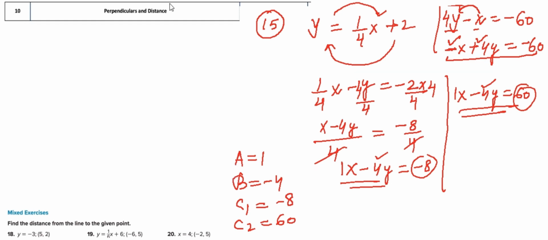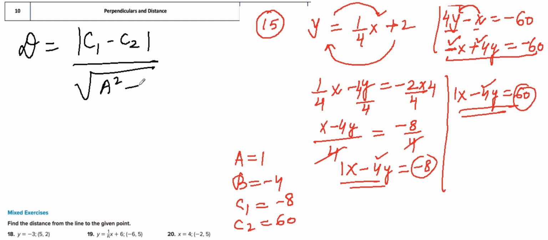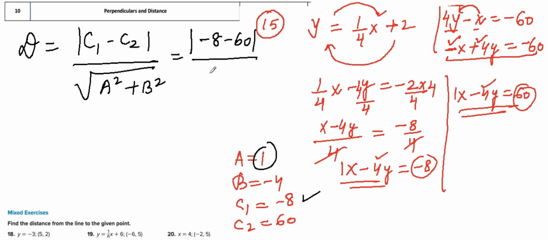So the distance D is equal to C1 minus C2 divided by the square root of A square plus B square. Substitute the values. Absolute value, C1 is minus 8 minus 60. A square, 1 square is 1, minus 4 square is 16.